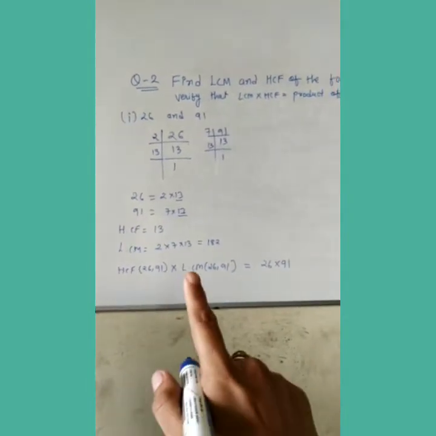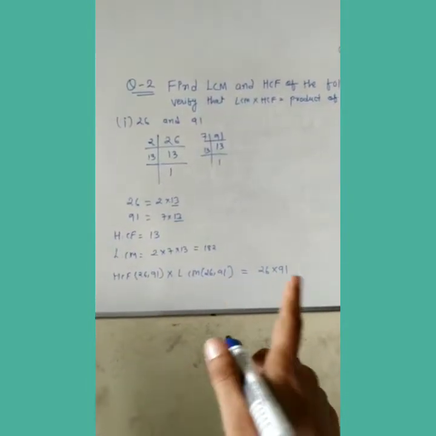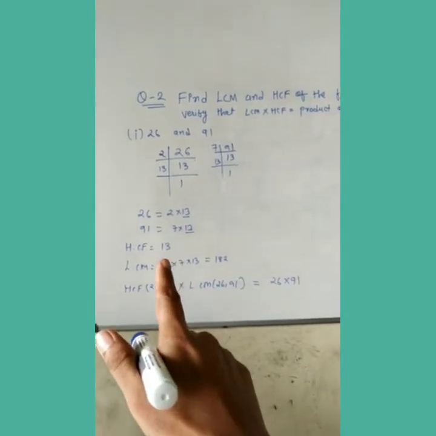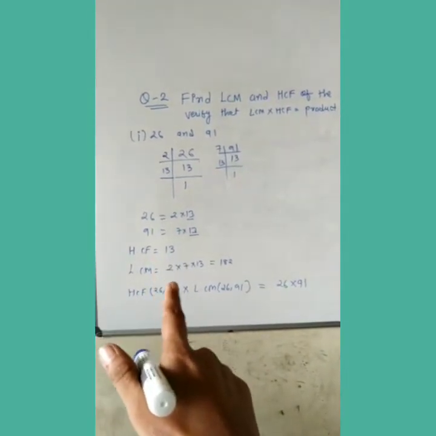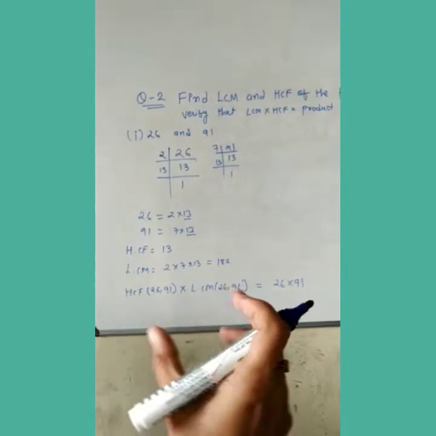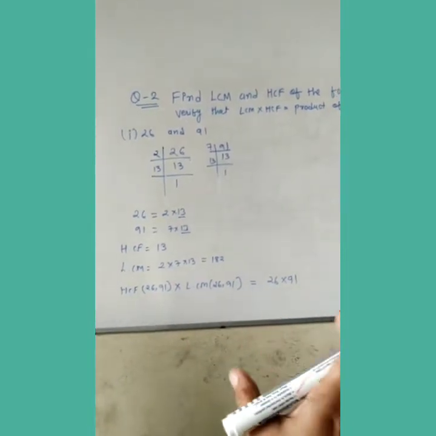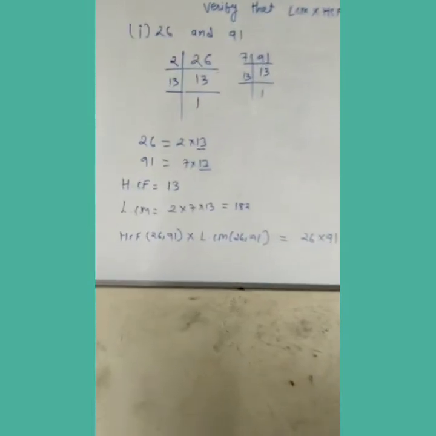So here is your left and right side. First we will substitute 13 into 182. Whatever answer we get should be equal to 26 into 91. So here we are beginning.